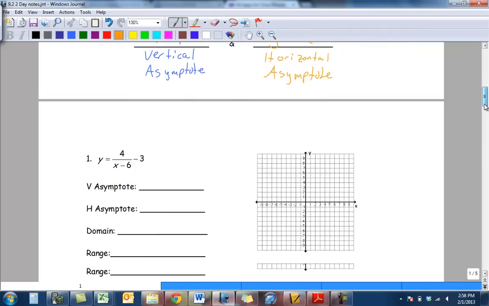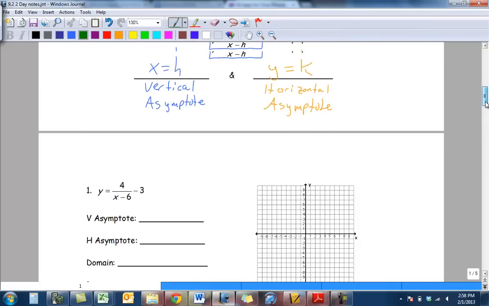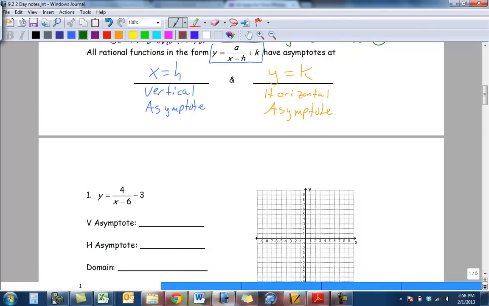All right, let's do an example of this. So right here, this is in the same form as it is up here. So the vertical asymptote is what makes the denominator 0. In this case, what value would make the denominator 0? 6. So our asymptote is x equals 6. Or think of it as x is equal to h. h is the opposite of what you think. It's negative 6, so it's 6. Now the horizontal asymptote is plus k.